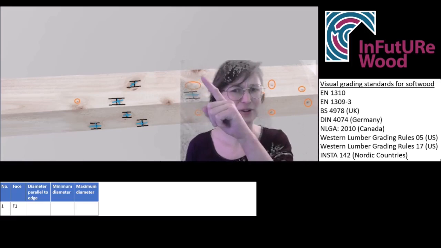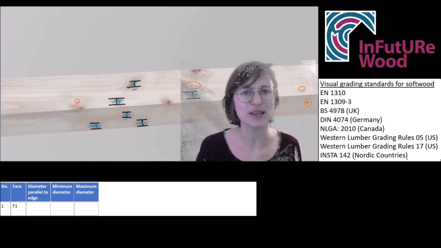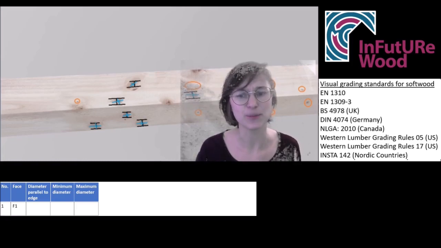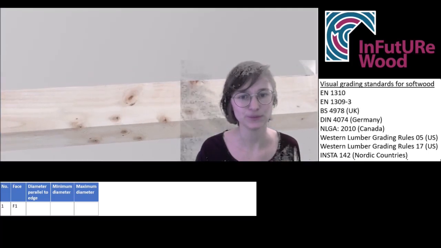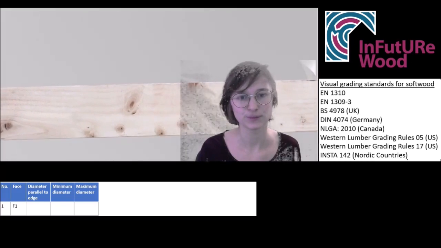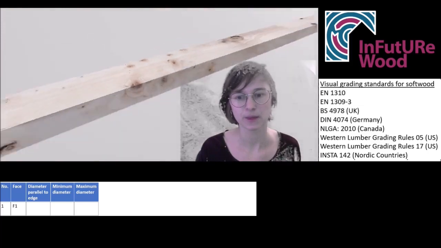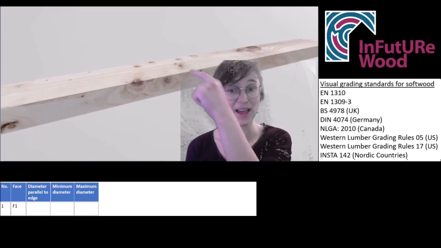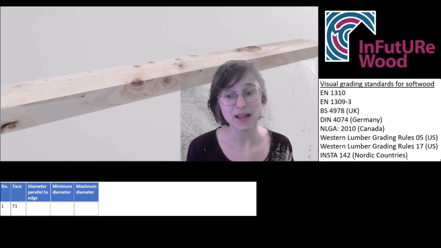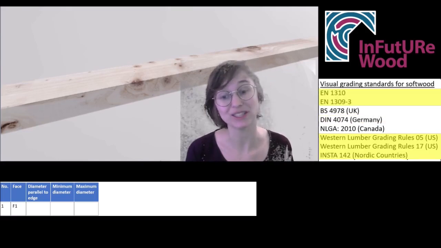And what about arris knots like this one over here? Let's turn around the piece to see how it's situated in the timber. We see it appears on the edge and the face, and some standards allow you to choose where to measure it, but some standards require that you measure it on both faces, so we will do just that.